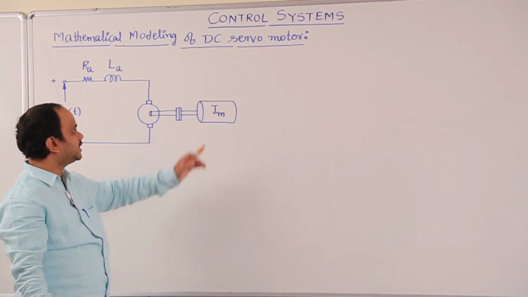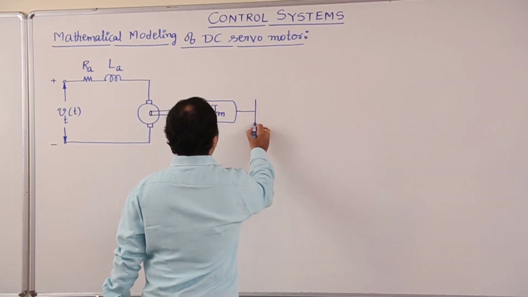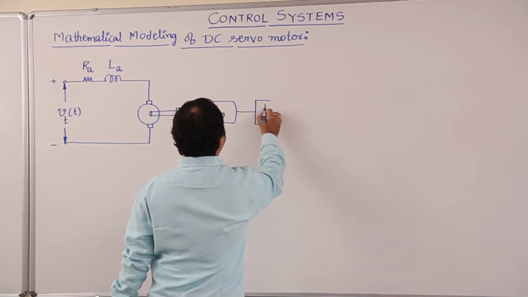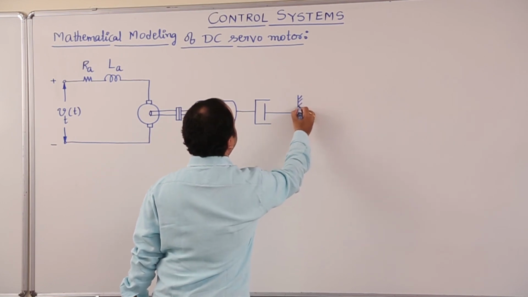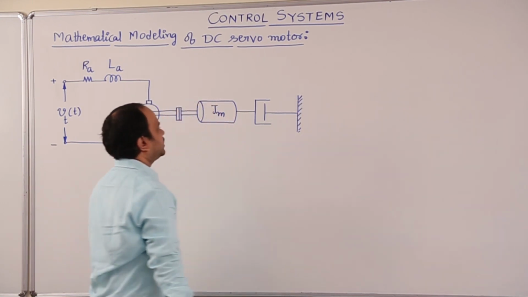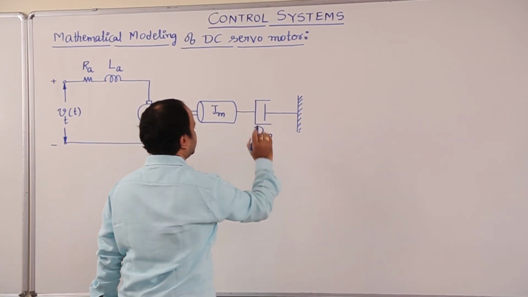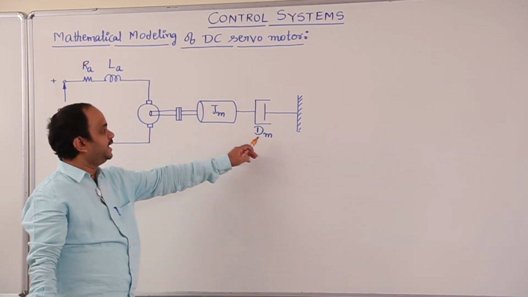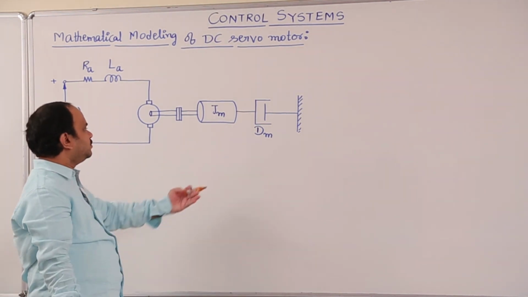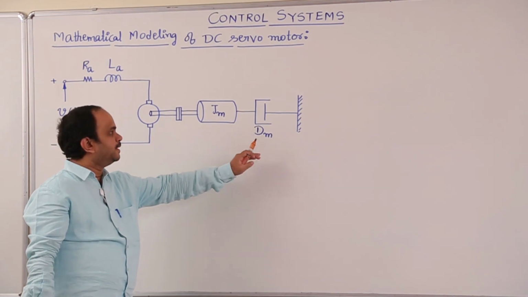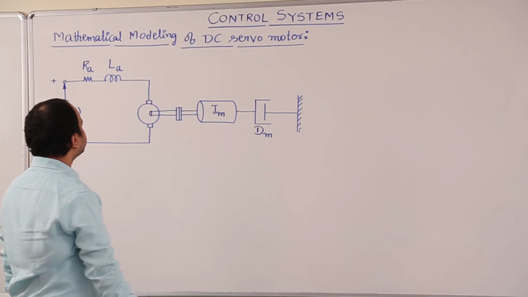Slowly we will see how to get that expression. And a viscous damper, this is the basic representation of the mechanical side, and let us use the symbol Dm to denote it. Basically this is a viscous damper. Some people use Bm also, nothing wrong, it is just a symbolic representation.